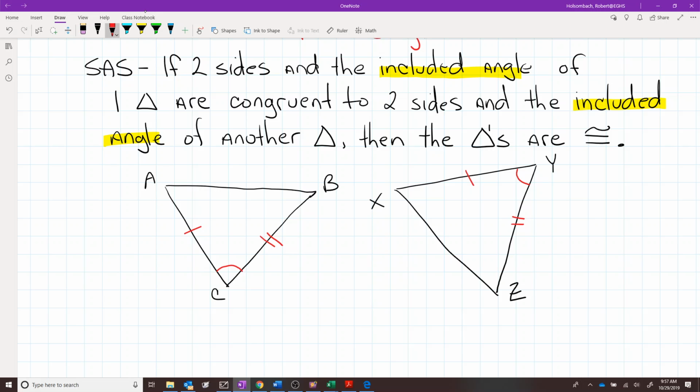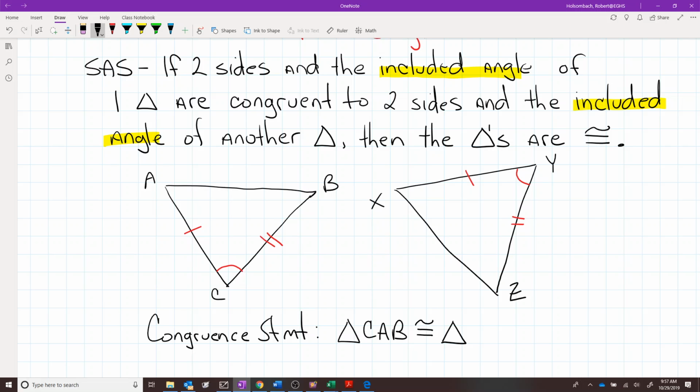So there's your diagram, and here is a congruence statement for these two triangles. Again, you can order the vertices any way you like. So I'm going to call the triangle on the left triangle CAB. And we're going to say that it's congruent to triangle, if we started with C and went to A, we started with the congruent angle and went through the one tick mark side.